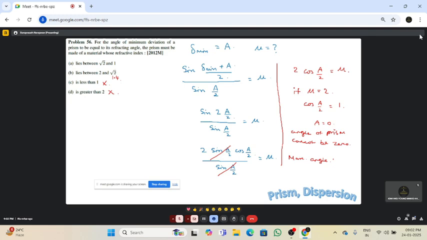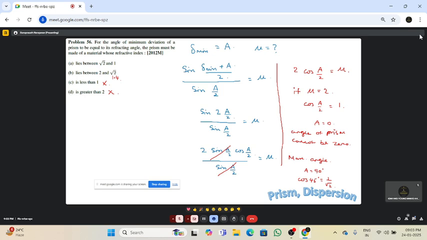Sir, by splitting this into two cases, for the first one angle of deviation is equal to 0 degree and the maximum is A is equal to 90 degree. Now we get option B, sir. Okay, suppose if I take A is equal to 90, 90 by 2 is 45, so cos 45 will be 1 by root 2. So this 2 comes on this side.